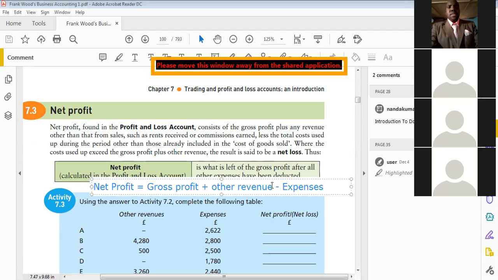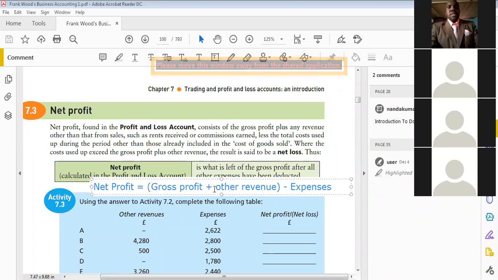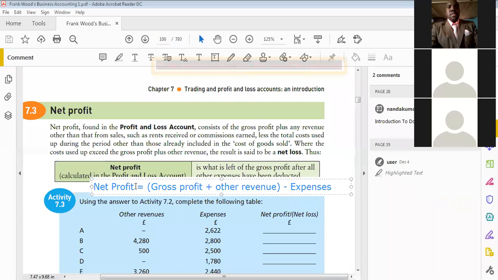So basically, you have to add these first, add up these two, and you minus this to get the net profit.